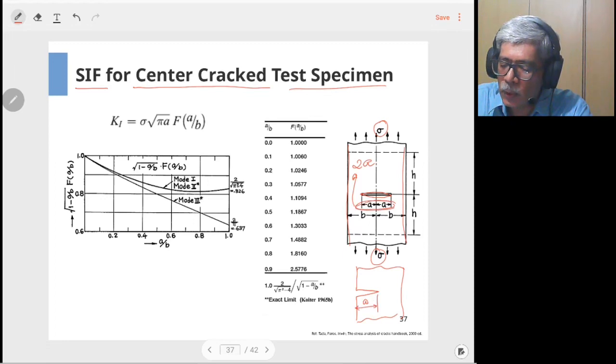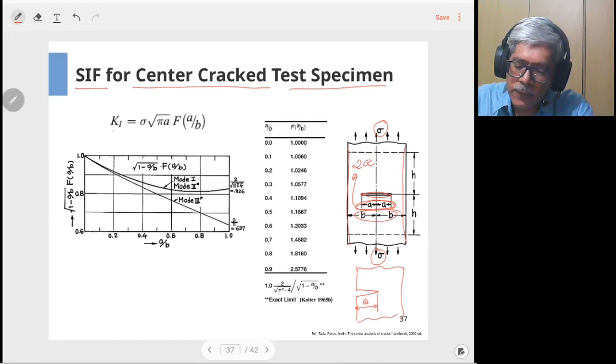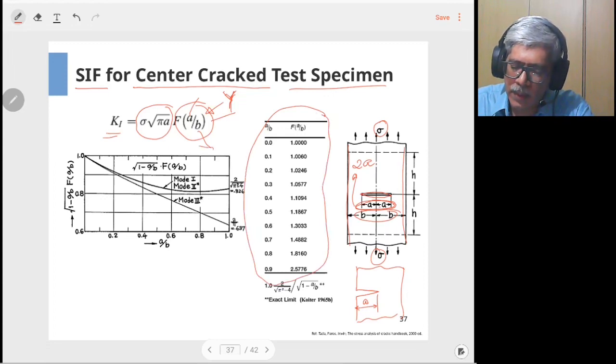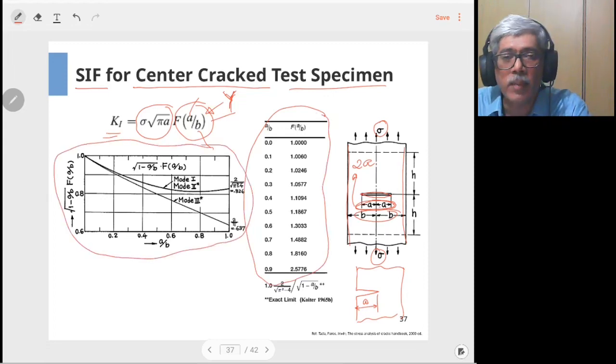So for a crack of length 2a, where the width of the plate is 2b, the value of stress intensity factor, as we have seen, is given in terms of sigma into square root of pi a multiplied by a factor which is given in terms of the ratio of a, that is the crack size, divided by b, which is the plate width. This is nothing but the factor Y, the geometric shape factor that we discussed in the previous slide. This factor is available either in the form of a table or in terms of a graph or both. In this case, it is available in both forms.